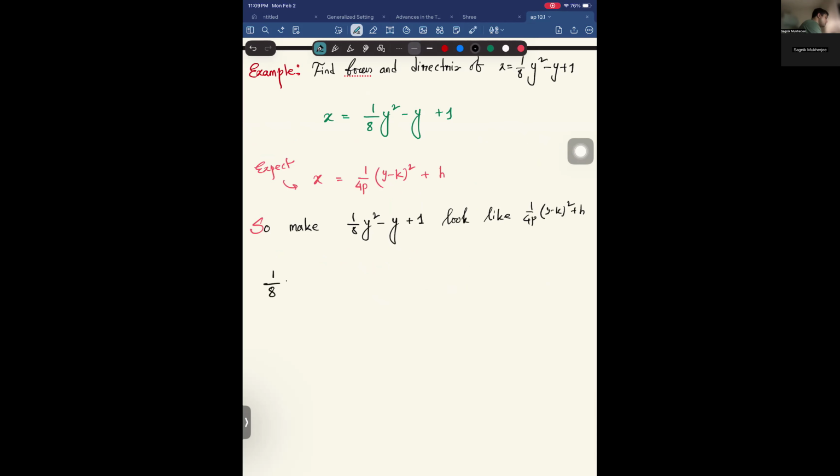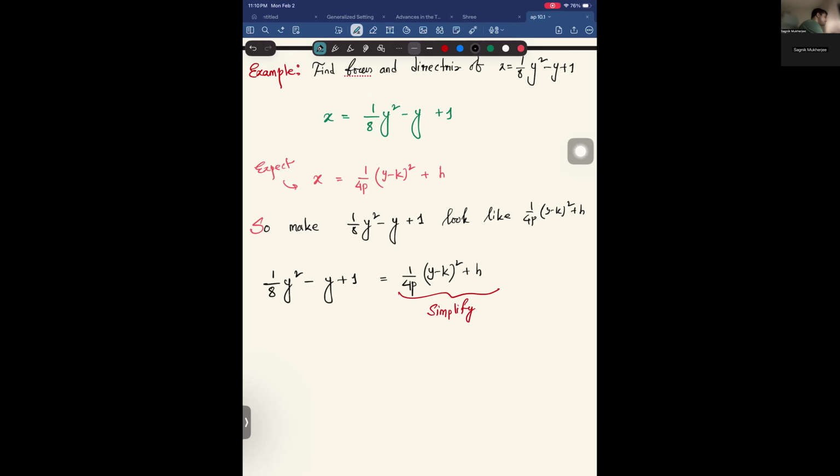On one hand, you have this expression, and on the other hand, you have this expression, right? So first of all, simplify this.